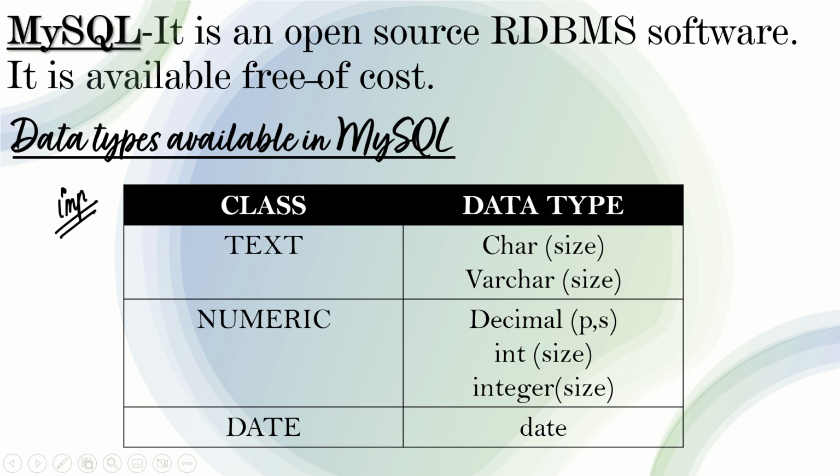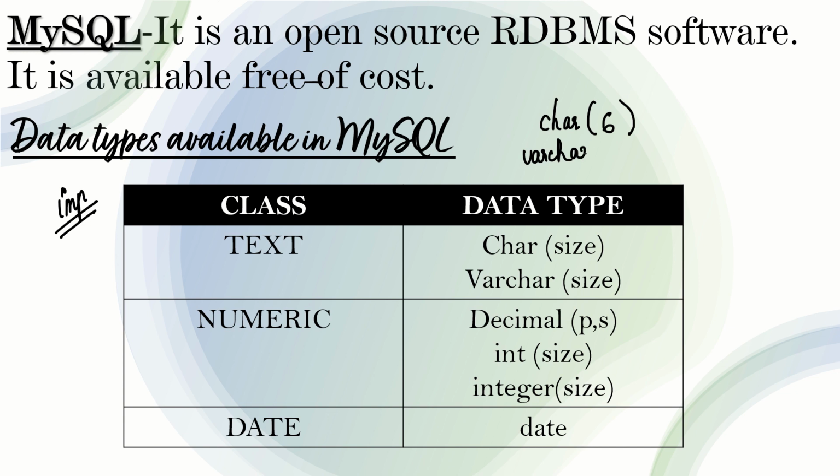The data type for words will be varchar and char. Char and varchar. I've given char of size, size means 6 or 4, you can give your size there. Varchar is variable character, that will vary.